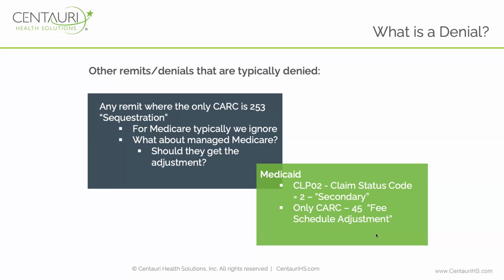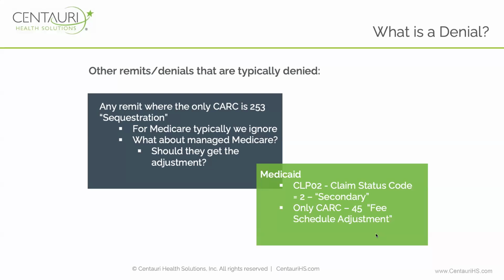Medicaid, again, this is more of a state-by-state thing, but what we see is a lot of 45s, which is fee schedule adjustment. And we will see denials, essentially where you get paid nothing. You get a 0 in the CLP04 and a 0 in CLP05.